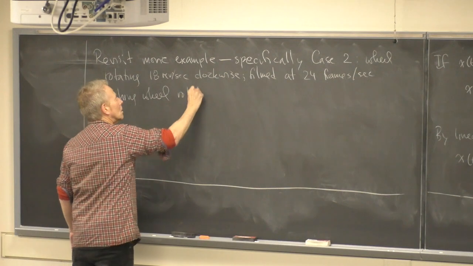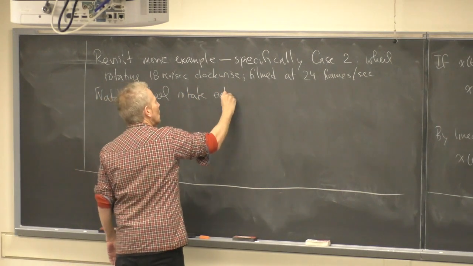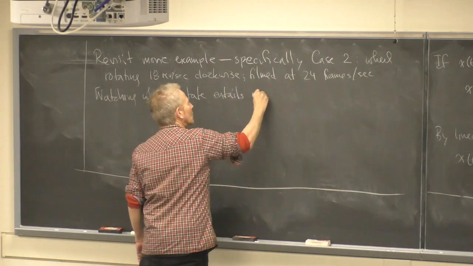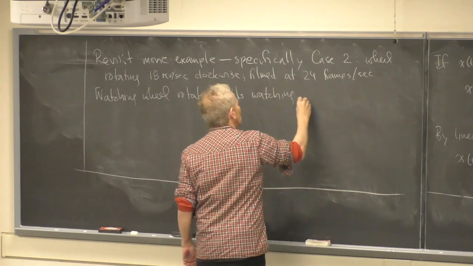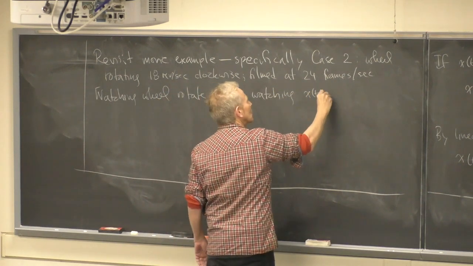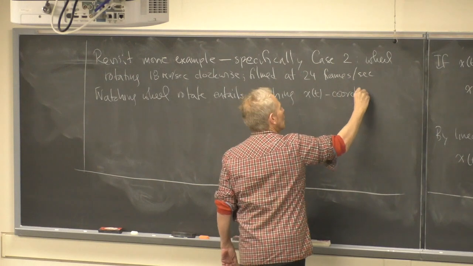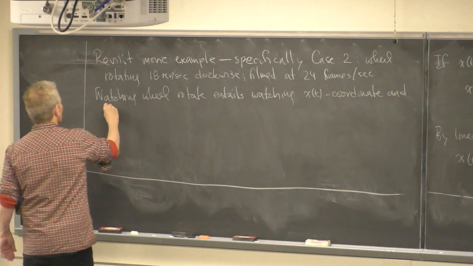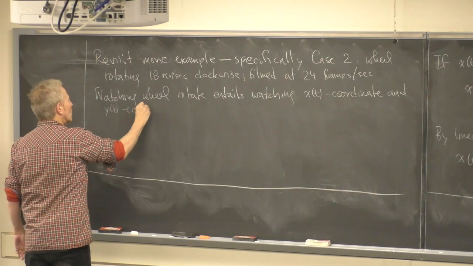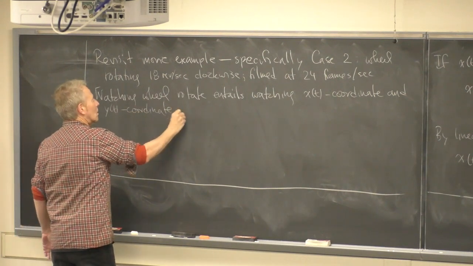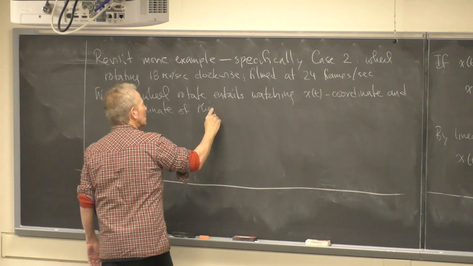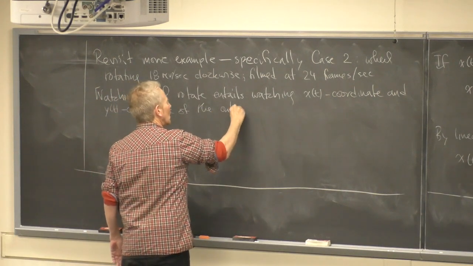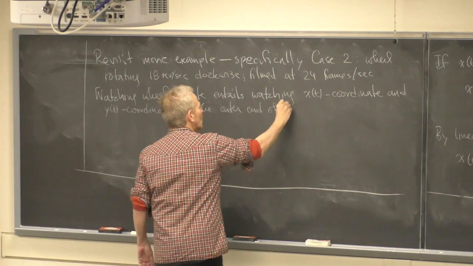So watching the wheel rotate entails watching the x of t coordinate and the y of t coordinate of the outer end of the radial marking.